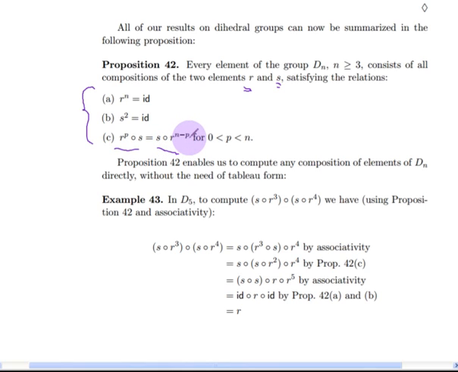All right. Now, the thing that's important about this proposition is that given just these three conditions, well, actually, this is more than one condition. It's actually n minus 1 conditions.